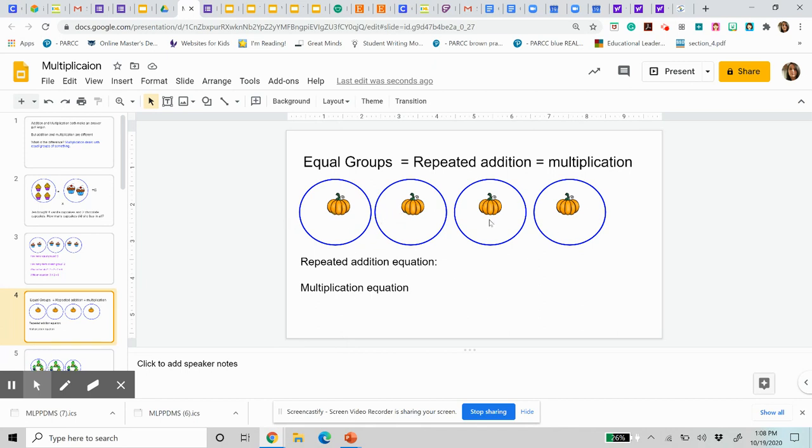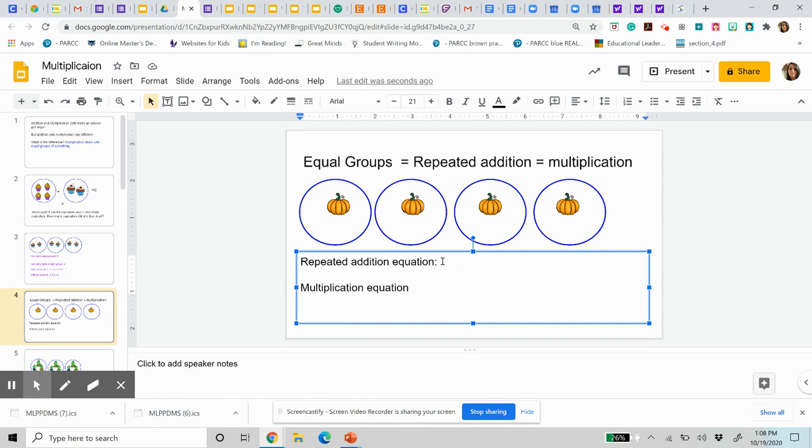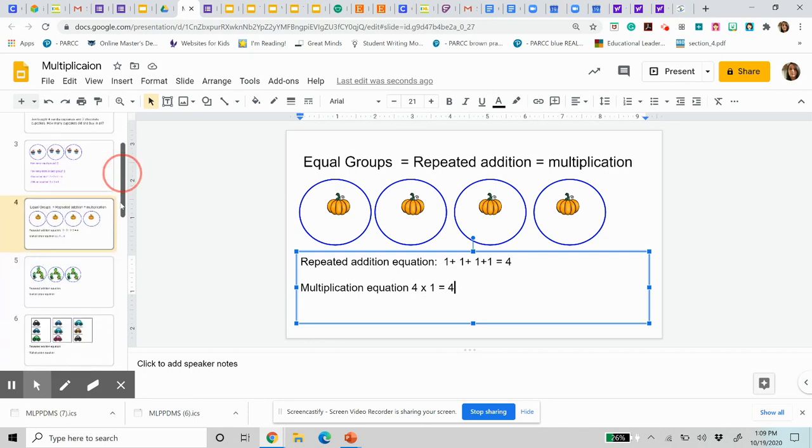If I wanted to know how many pumpkins there were all together, I could say 1 plus 1 plus 1 plus 1 equals 4 pumpkins. Or I could say I have 4 groups with 1 pumpkin in each group. How many pumpkins do I have in all? 4.